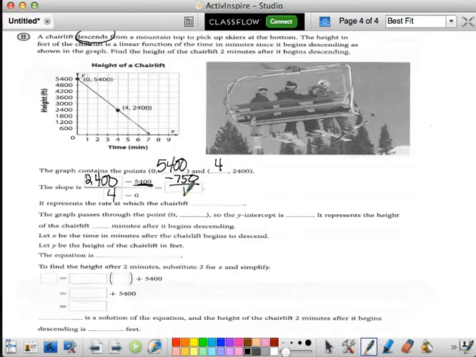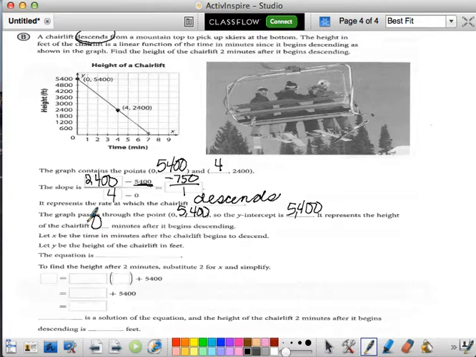It represents the rate at which the chairlift descends, and we know that it's descending because it's negative. Since the graph passes through the point (0, 5,400), we know that the y-intercept is 5,400, and that represents the height of the chairlift at 0 minutes.